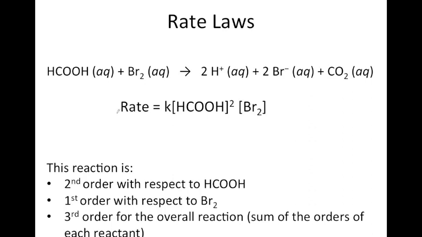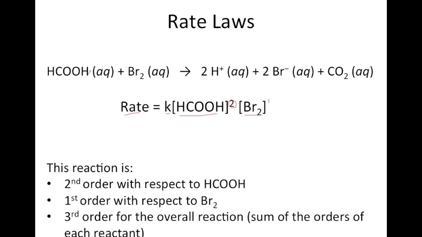The rate law for this reaction is the rate is equal to our rate constant K times the concentration of one reactant to some power, in this case second power, times the concentration of our other reactant to some power, in this case a first order or first power.